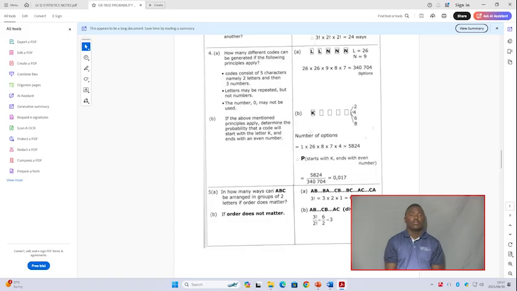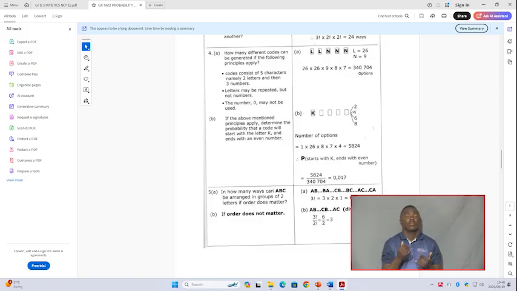So how many numbers can I put in that block there? Out of the 9 numbers, I've used an even number for the last one. So yeah, I have got 8 numbers left. Numbers may not be repeated, so I've got 7 numbers. So if I multiply 1 by 26 by 8 by 7 by 4, I get 5,824, correct?